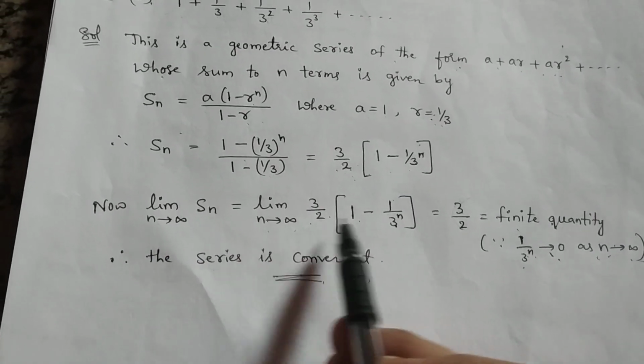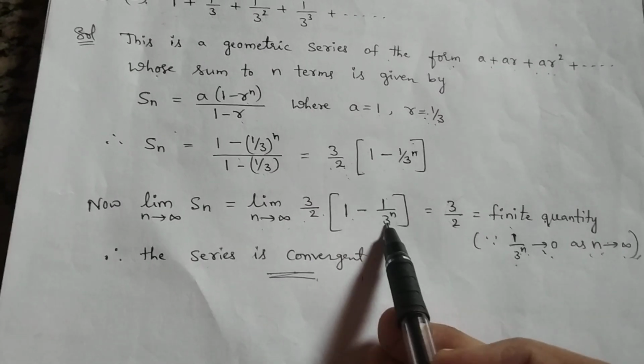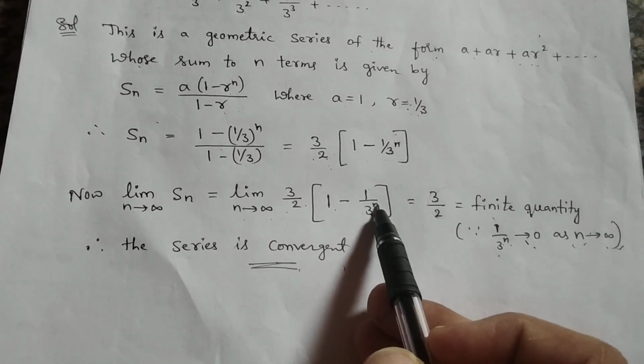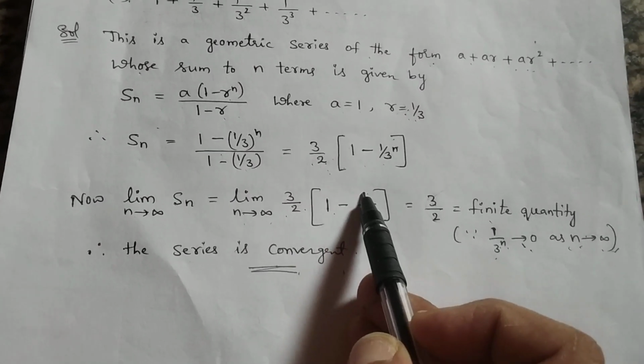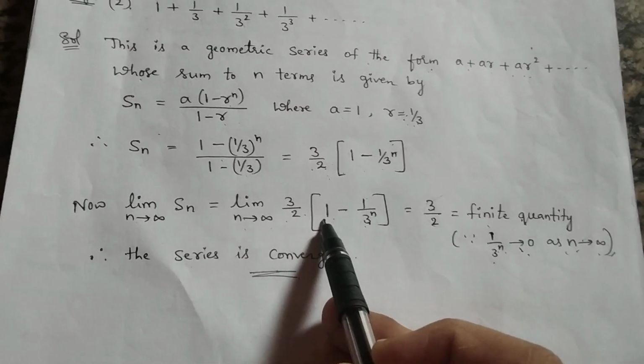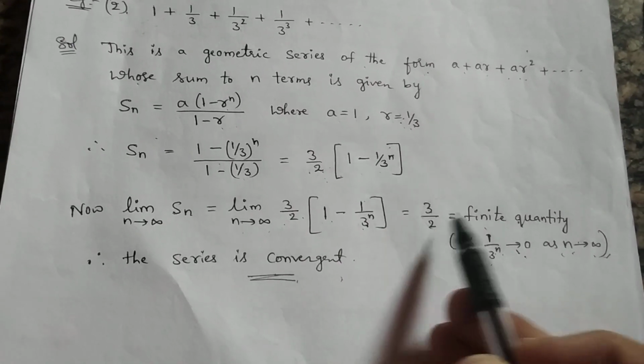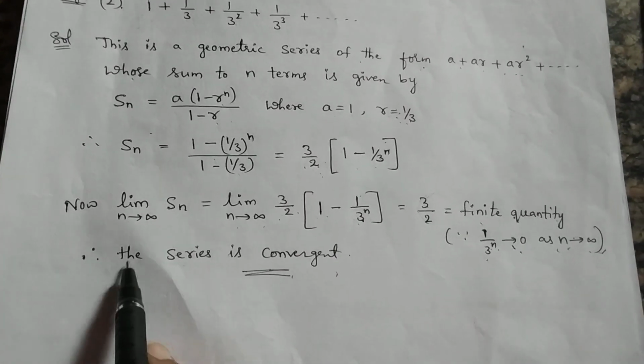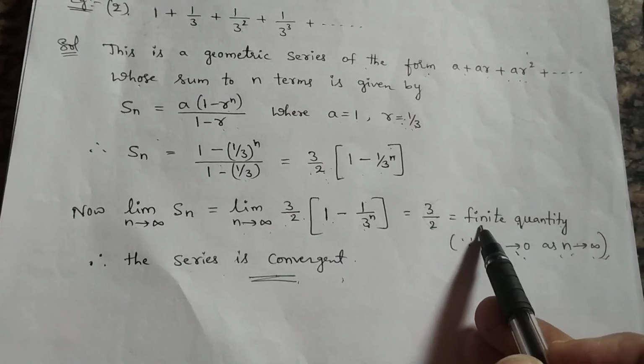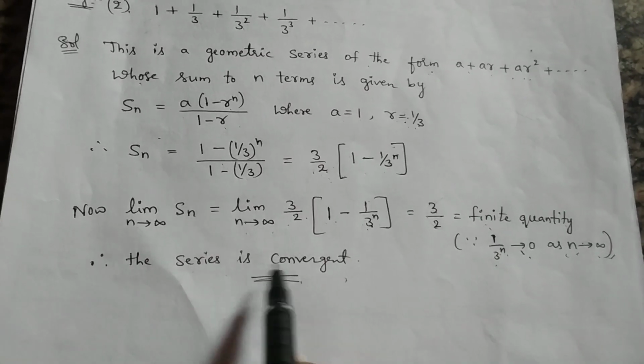Any number greater than 1 raised to the power n tends to infinity, therefore 1 by infinity is 0. 1 minus 0 is 1, and 1 into 3 by 2 gives 3 by 2, a finite quantity. Since we got a finite result, the series is called convergent.